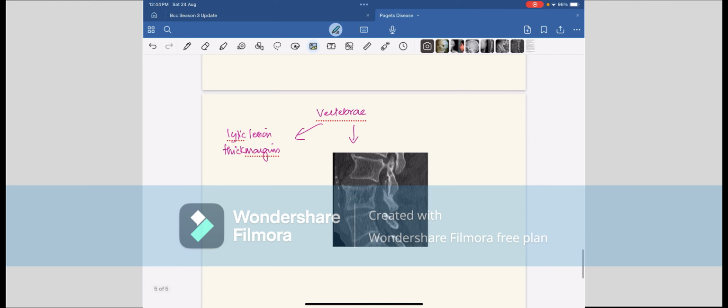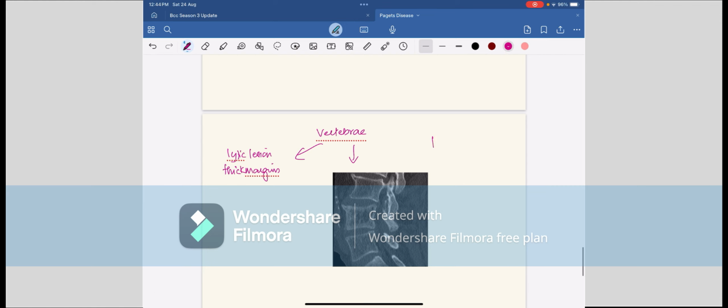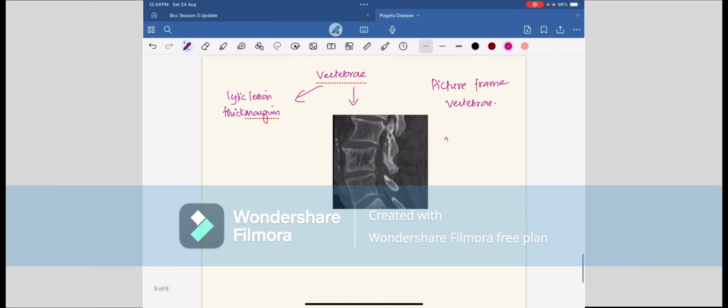So this is called a picture frame vertebra. And this picture frame vertebra can cause spinal canal stenosis and spinal cord compression, causing weakness of muscles. It can also cause cauda equina syndrome. And these all can cause weakness of lower limb muscles.